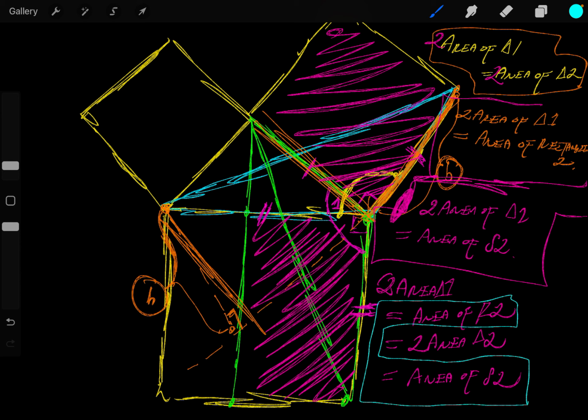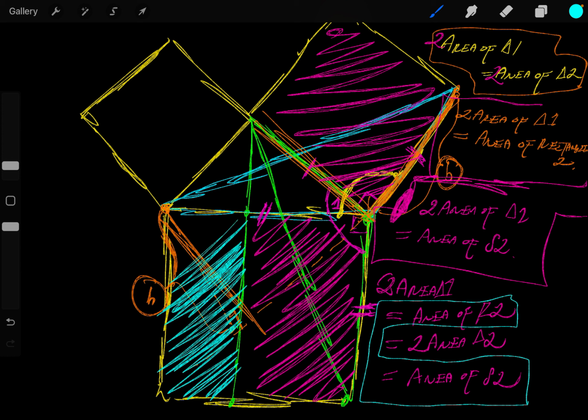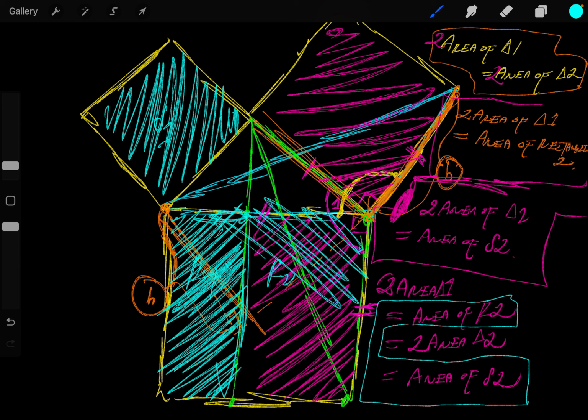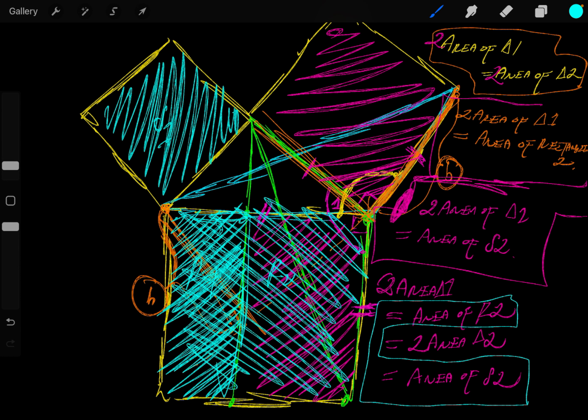Putting this all together from the previous one, we should convince ourselves of the following. I just showed previously that the area of this rectangle is this one. This is S1. The area of this piece, rectangle 1, plus the area of rectangle 2, is the area of the entire square? Yes.